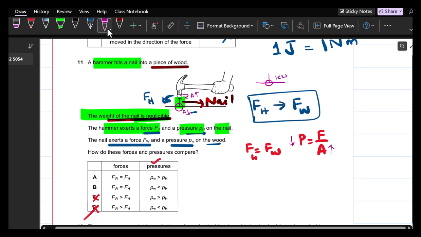So the pressure of the hammer, PH, is going to be less. And the pressure PW on the wood at this edge will be greater, because the area here is less. So A is the right option. Forces are the same, and pressure on the wood is greater than pressure of the hammer.